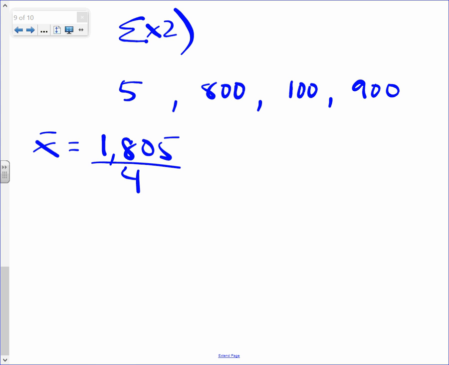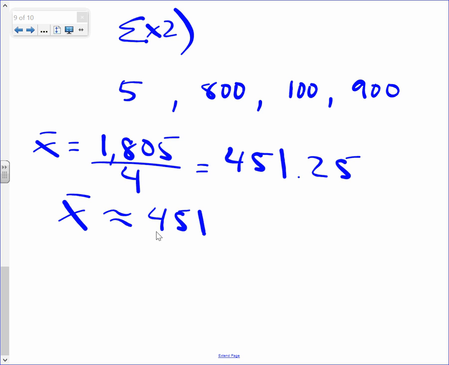So add them all up, divide by 4. 1,805 divided by 4, I get 451.25. I'm just going to round to the nearest whole number for our sakes. So the mean is approximately 451. The next digit is not 5 or bigger, so that stays at 1. So 451. Cool. There's our mean.